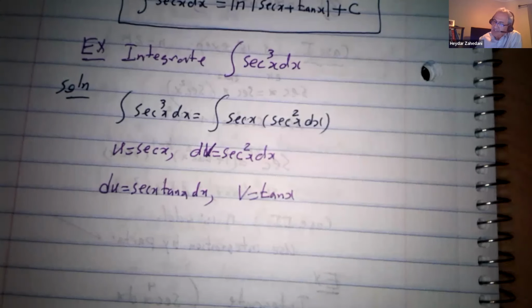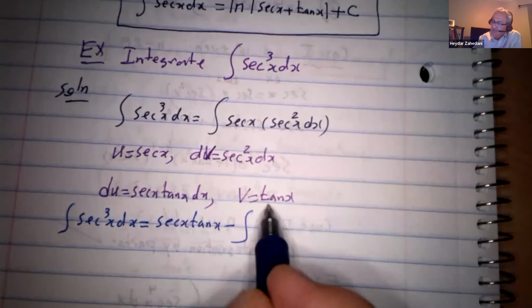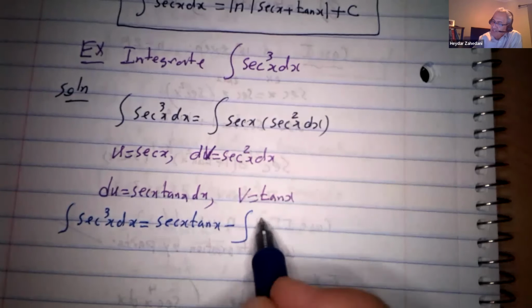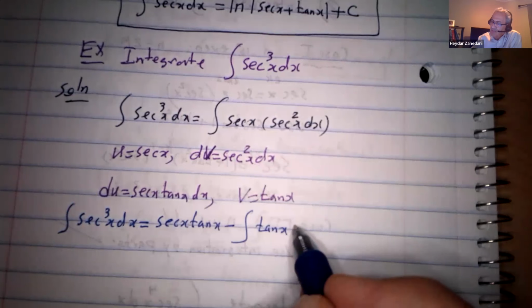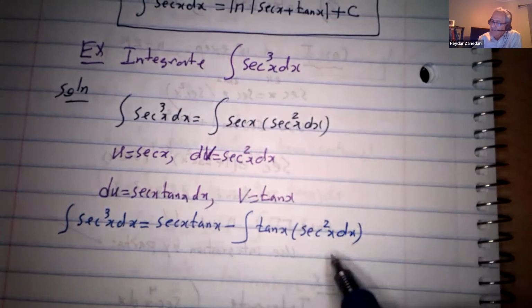Integration by parts, uv is the secant of x, tangent of x, minus integral of v du. What's the du? The du is secant square of x dx.